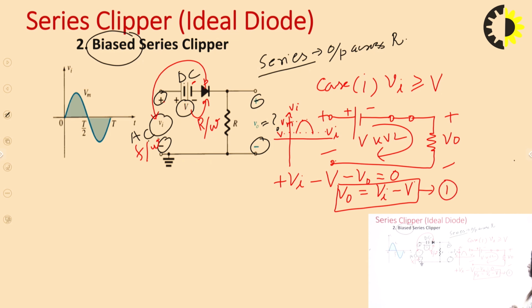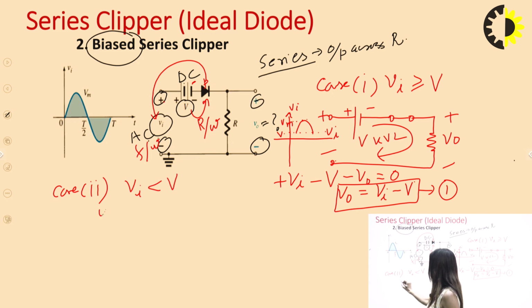This would be my equation number 1. Okay. Now case 2. What will happen in case 2 when the diode gets reverse biased? When the value of AC is below V, the diode will be reverse biased. So here we will be writing case 2. Case 2, VI is less than V. Now we will again make the circuit.